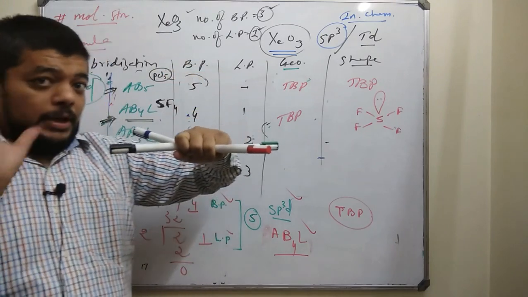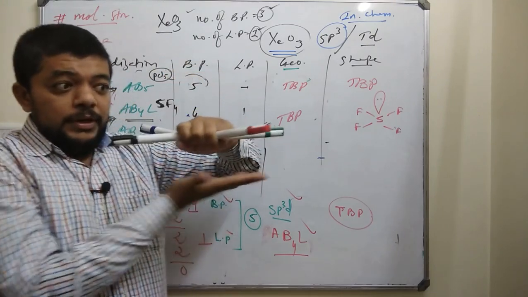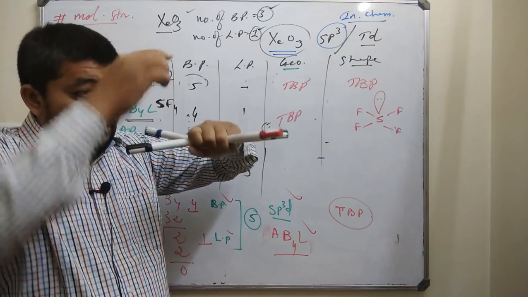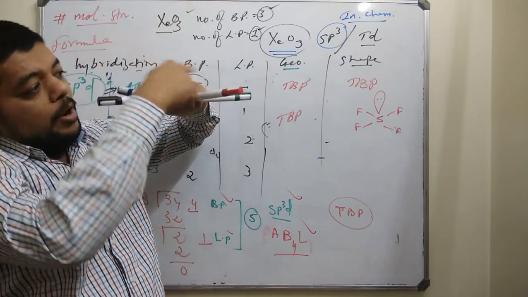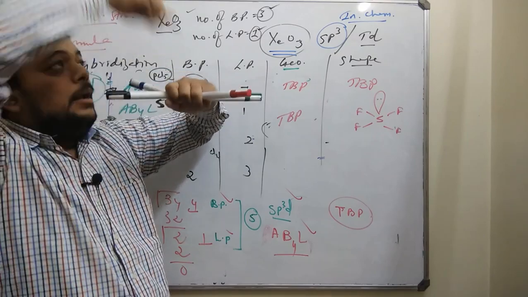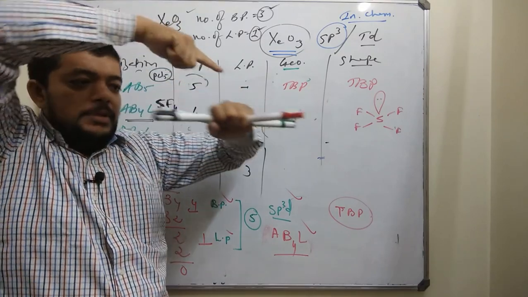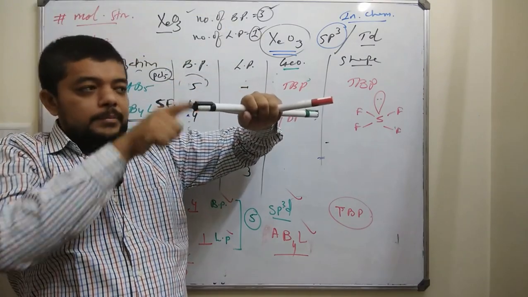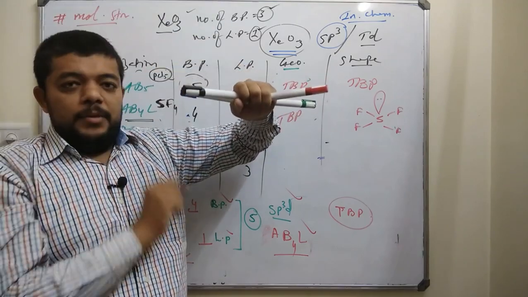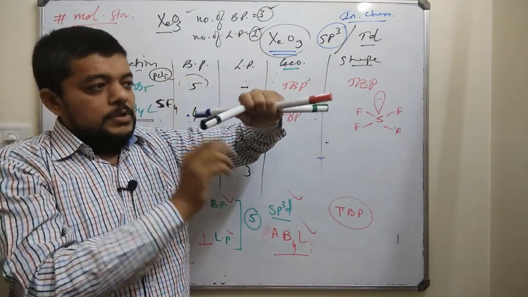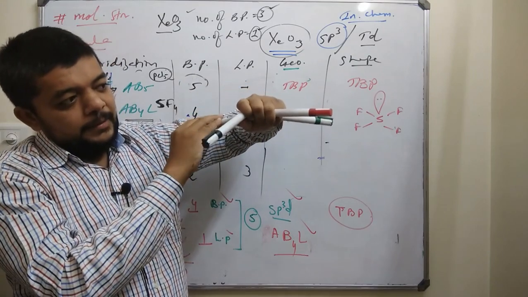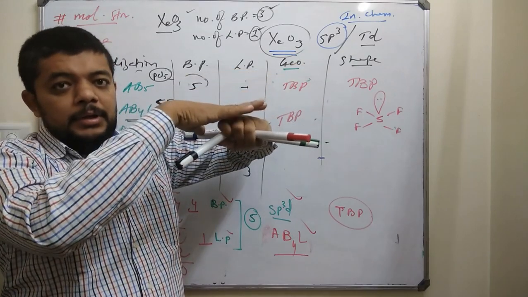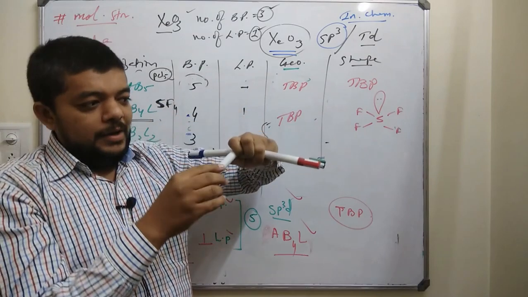But now remember what I am speaking. 4 fluorine in a plane, but 1 lone pair on the top. Lone pair, bond pair repulsion, VSEPR, lone pair, bond pair repulsion. So these 4 bonds will come down a little. So it will be something like a square, but not a complete planar square, a square pyramidal.